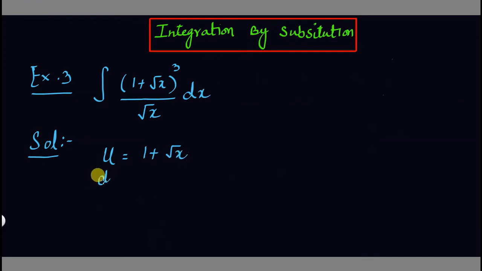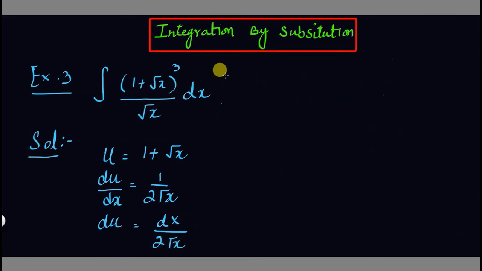Because when I differentiate this function, I will get 1 over 2 square root of x, and after some simplification I will get dx by 2 square root of x, and then I can get 2 du is equal to dx over square root of x.